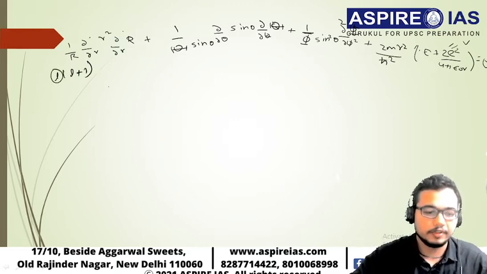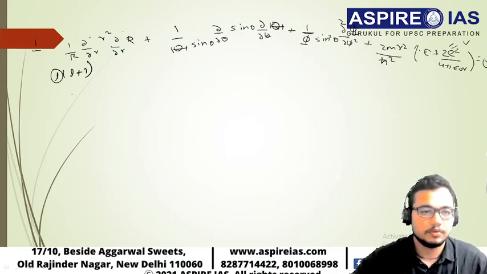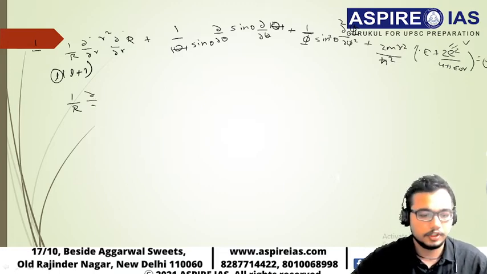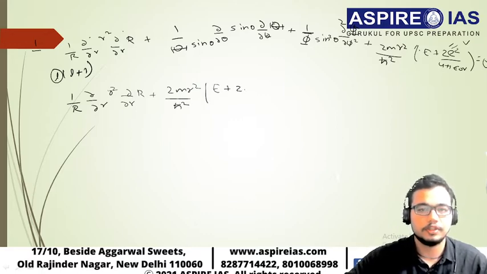Upon equating this, we will be getting our two equations, that will be radial function will be 1 by R del by del r of r square del by del r of R, plus 2m r square by h bar square into E plus z square by 4 pi epsilon naught r.